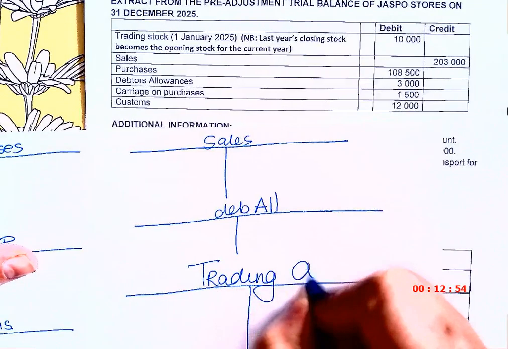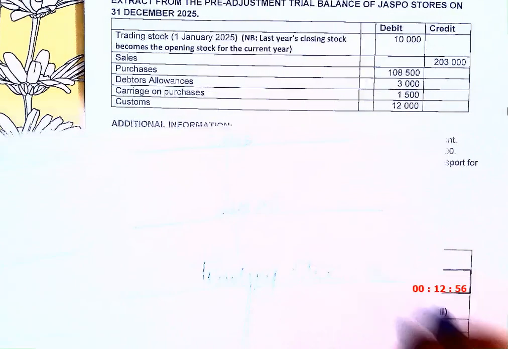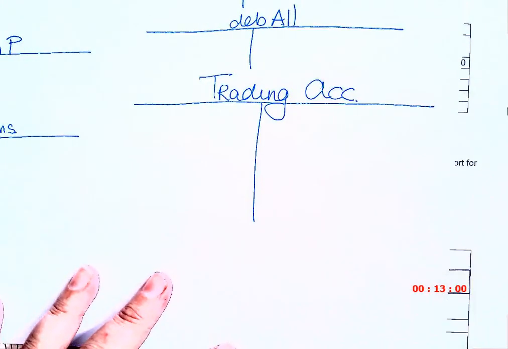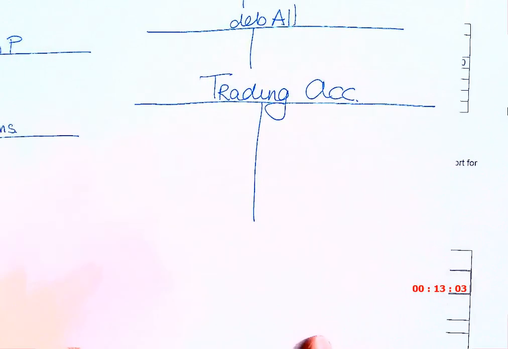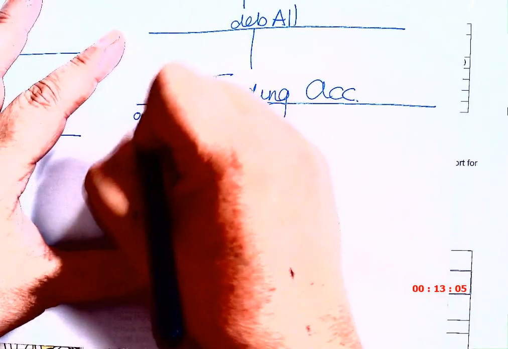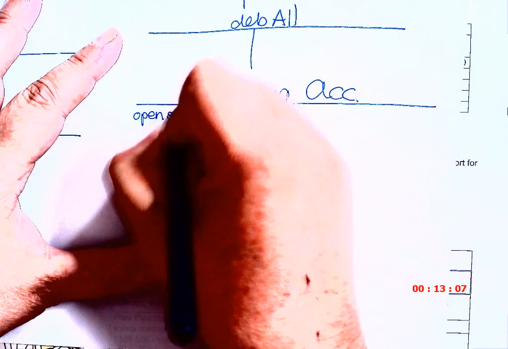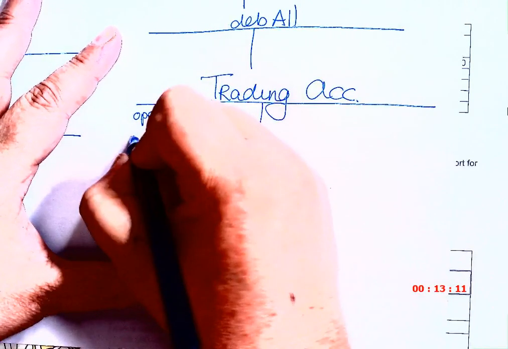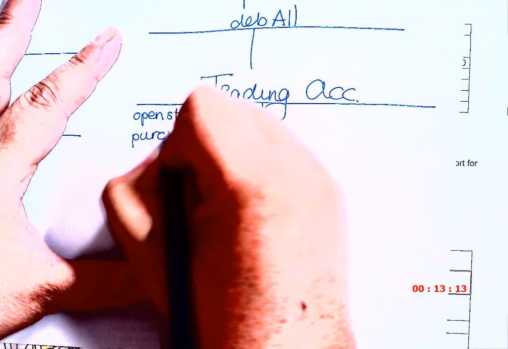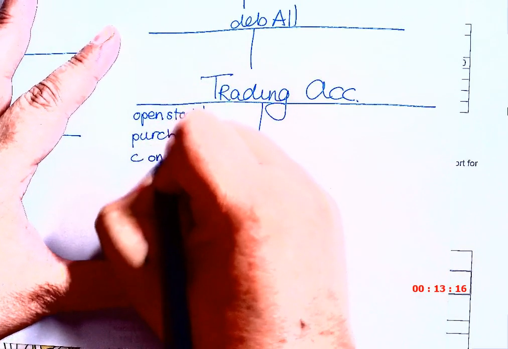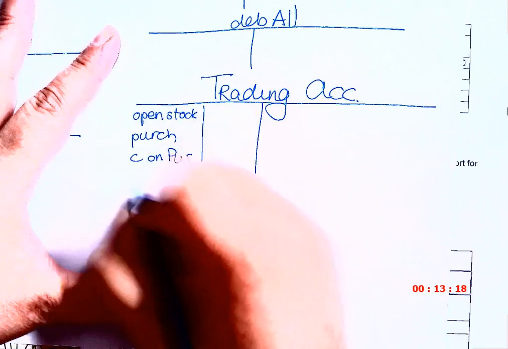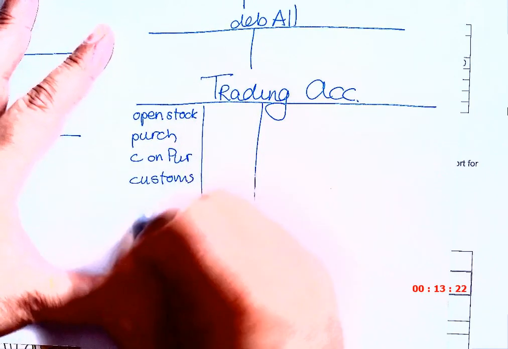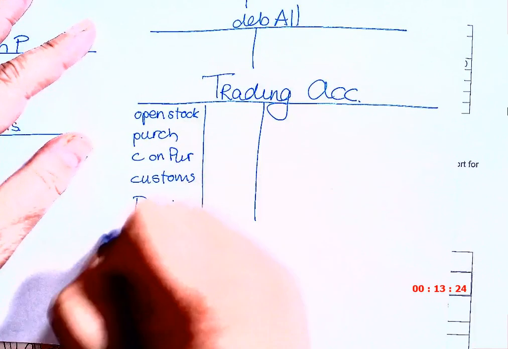Okay, and the trading account, I want you guys to learn this format off by heart. It's always the opening stock, purchases, carriage on purchases, customs, profit and loss, which is my gross profit.